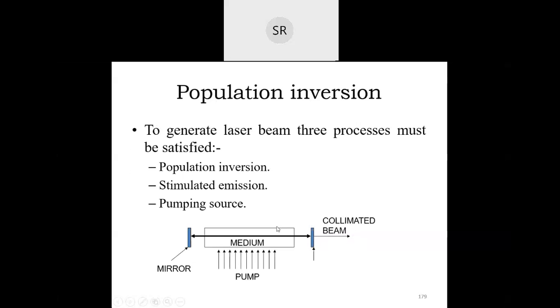That's why we say it is metastable. The atom raises its energy from the lower energy state to the higher energy state using the pumping source, so energy rises from the ground level to the highest level.